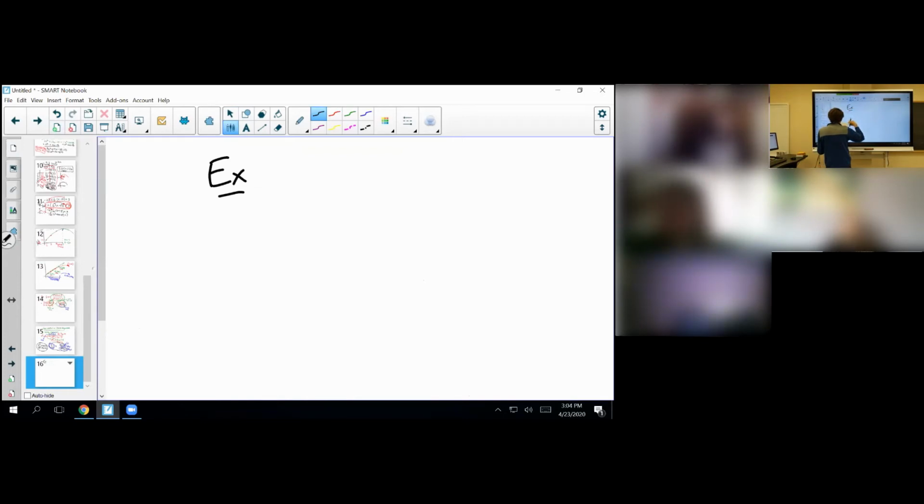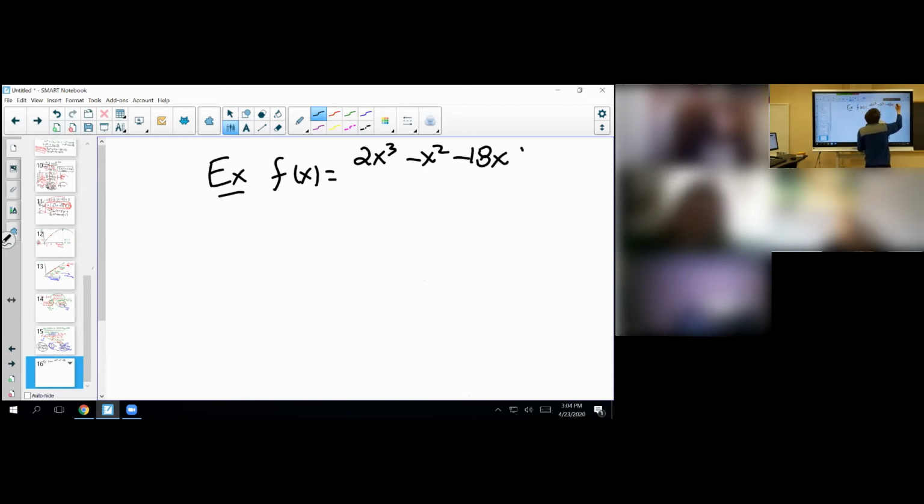This one will be good to do: 2x cubed minus x squared minus 18x plus 9 over x squared plus 2x minus 3.